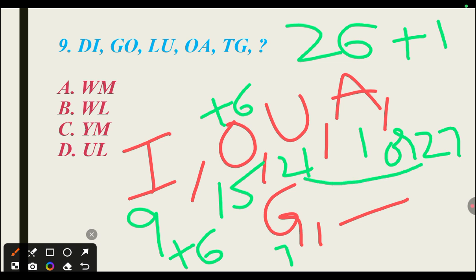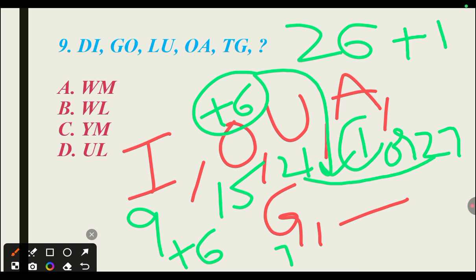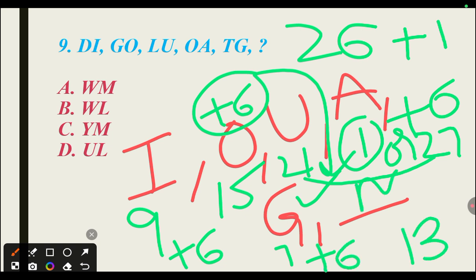So from 21 to 27 means again I have to add the same one, that is plus 6. So 27 plus 6 also you can do, but I think I'll get a very big number, so I will add 6 to the 1. So 1 plus 6 gives you 7, which is actually flowing here. 7 plus 6 gives you 13. 13 is nothing but M. Finally your answer is WM.